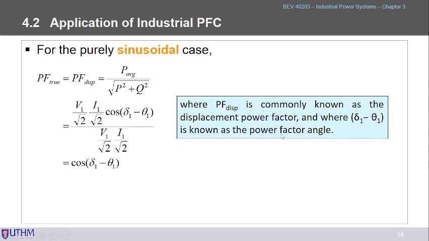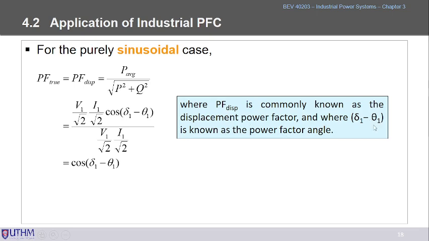That means we just consider the fundamental. In harmonics we have the fundamental waveform, then the second order, third order harmonics, etc., which are the remaining harmonic contents. But in the displacement power factor, we deal with the fundamental only.